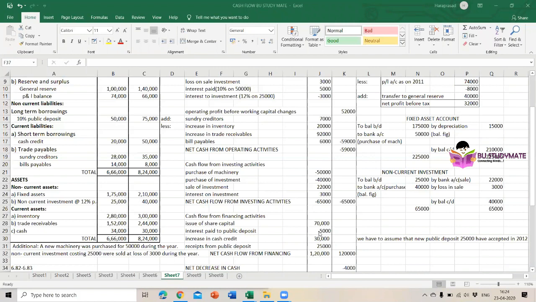In that last year also we have to make the entry for the 50,000 only. In the next year we have to pay the interest, so in the financing activities also we have paid the 5,000 rupees. So two times you have to write the interest paid.